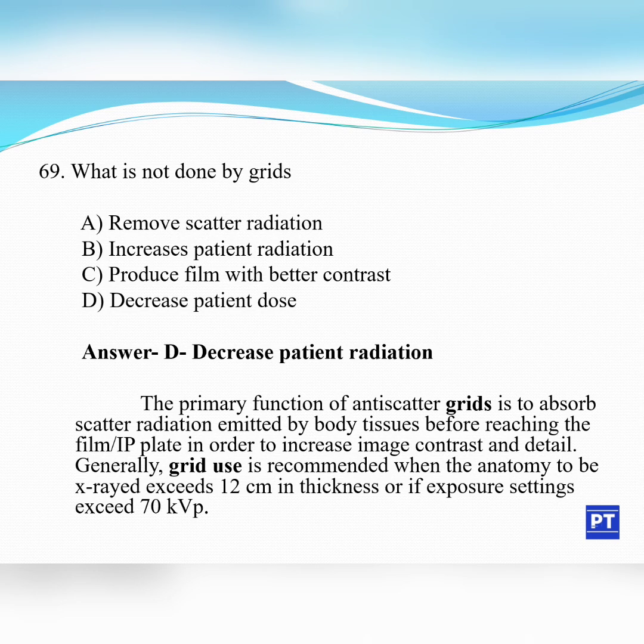Generally, grid use is recommended when the anatomy to be X-rayed exceeds 12 cm in thickness or if exposure settings exceed 70 kVp. So, the role of grids is to reduce or remove the scatter radiation as well as to improve or increase the image contrast and detail.